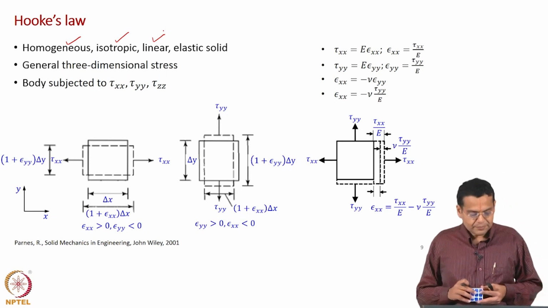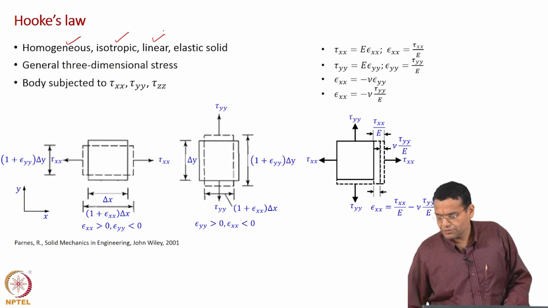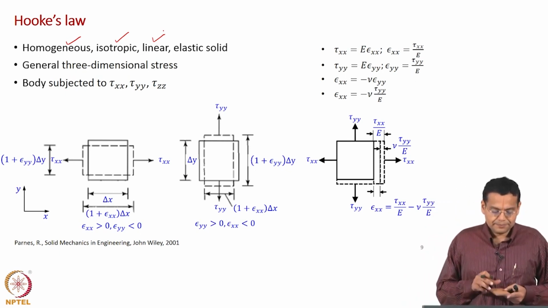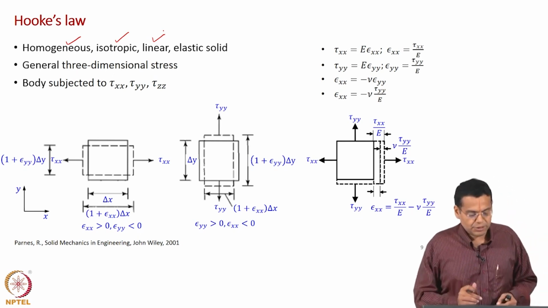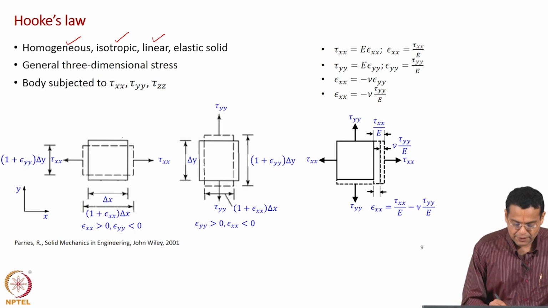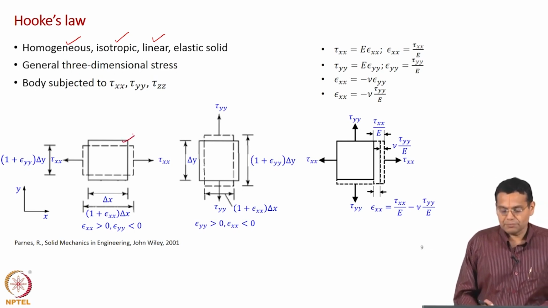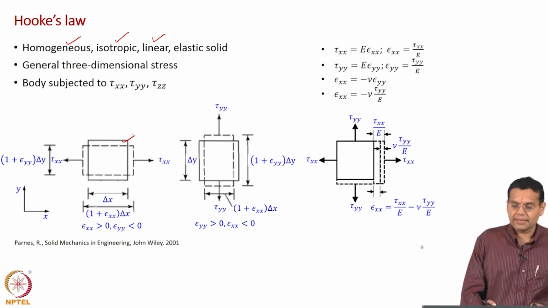Now, for easy discussion, we will consider a 2-dimensional case, and that is what is shown here. We have a plate in the undeformed configuration before the force is being applied, before the stress is being applied, and the length of the sides are delta x and delta y.